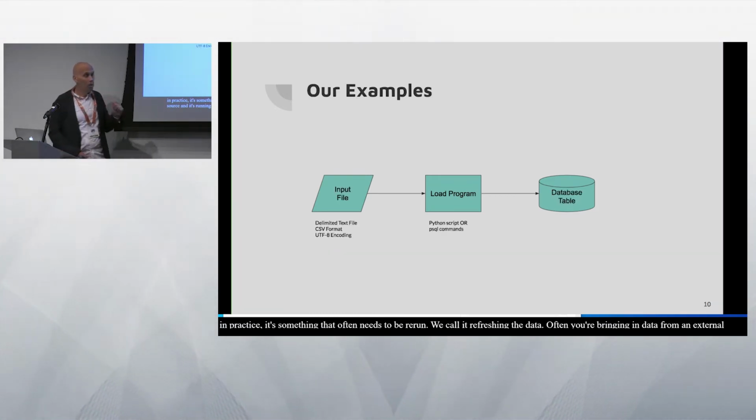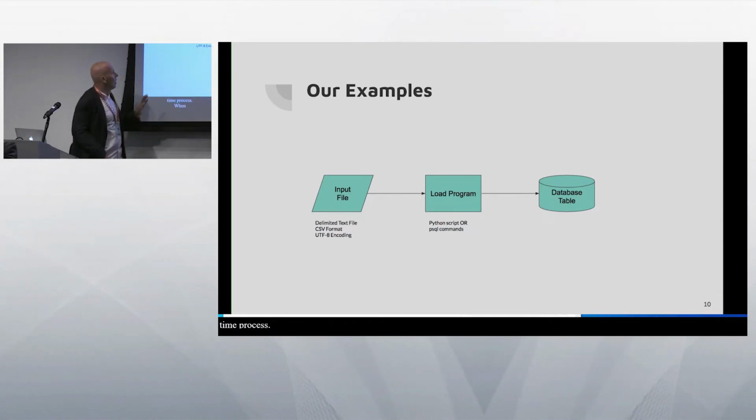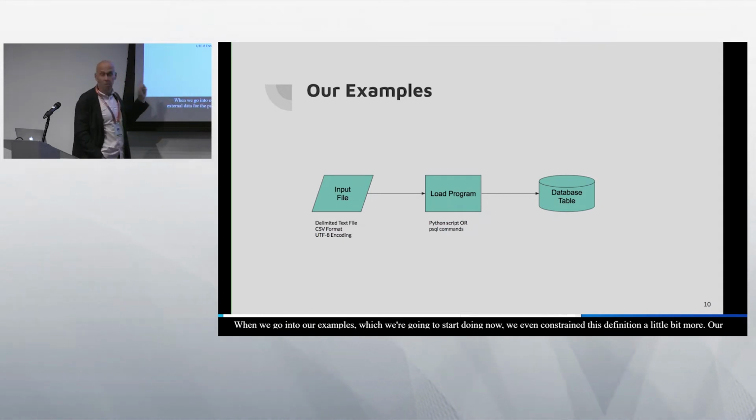Now, when we go into our examples, which we're going to start doing now, we even constrain this definition a little bit more. Our external data, for the purposes of the examples, will be an input file, right? And we're going to look at something that's in a delimited text file. It's in CSV format, right? It has a UTF-8 encoding, right? We're looking at a kind of a simpler space.